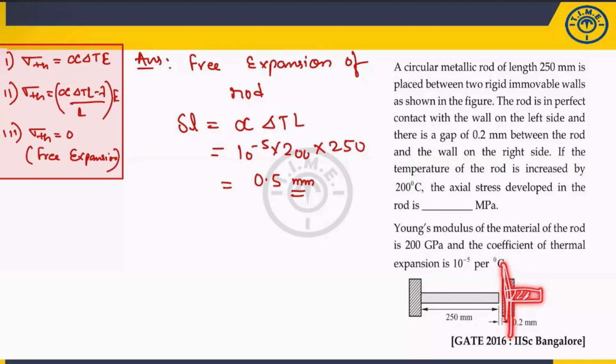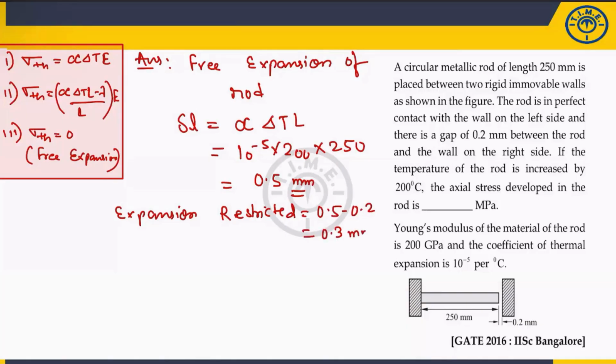When it is resisted by the support, the resisting force comes, and then thermal stress is developing. Alpha delta TL you have calculated, this is the actual expansion. How much expansion is restricted? Expansion restricted is 0.5 minus 0.2, which is 0.3 mm.